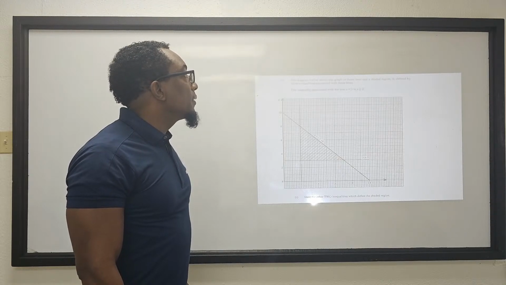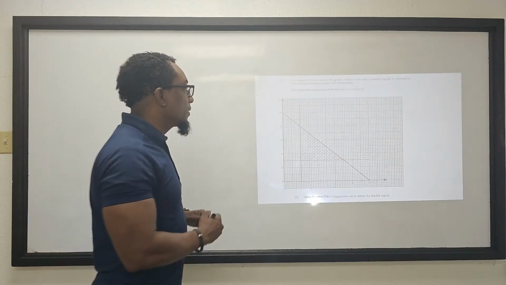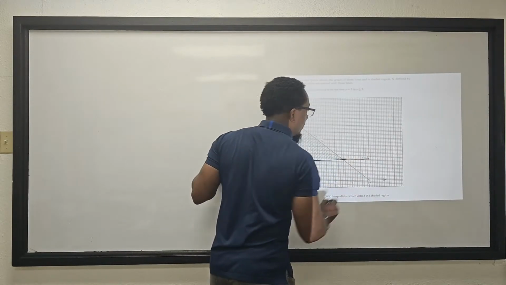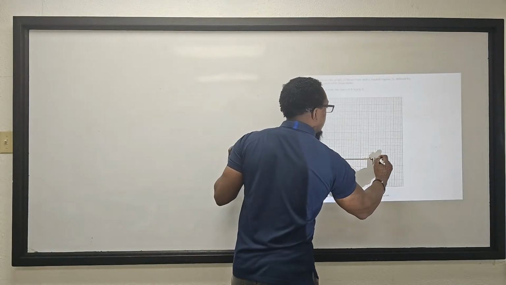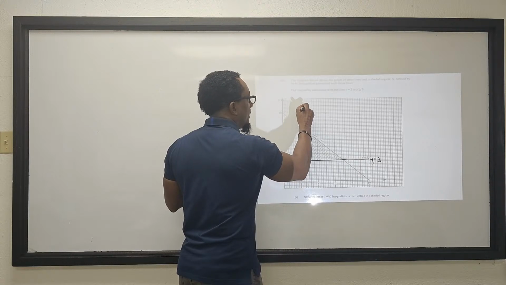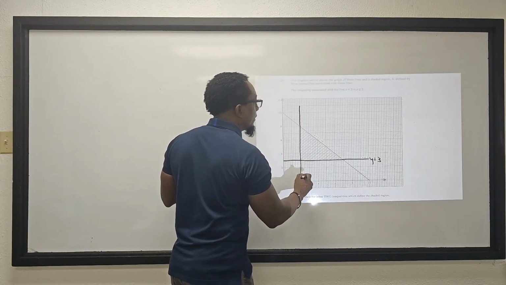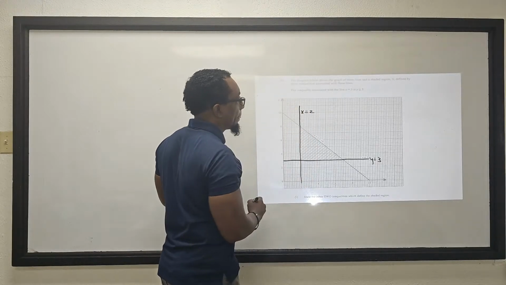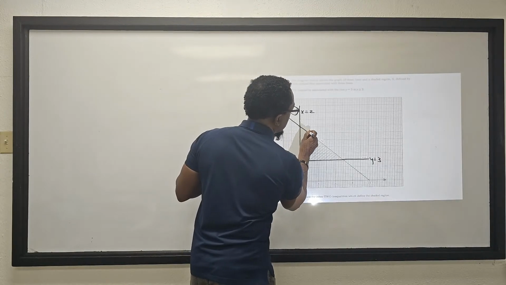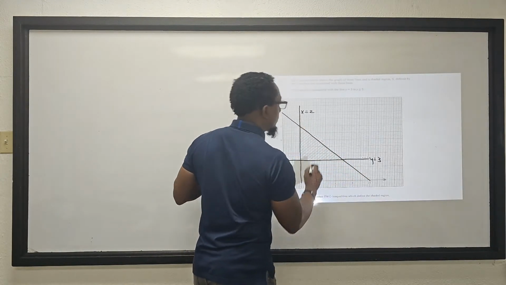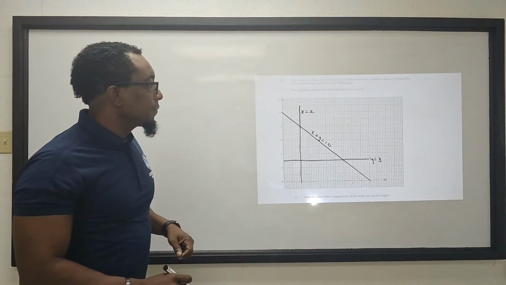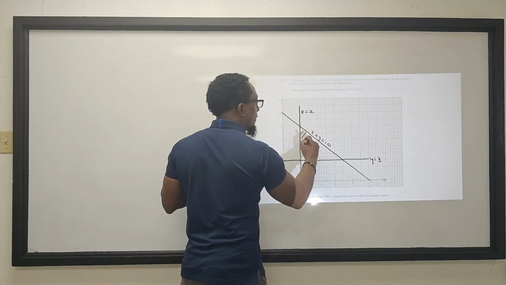So this is the line y equal to 3 here. If we look, you have another line here, this is x equal to 2. And we have this line here, this is x plus y is equal to 10. And of course, this is your shaded region.